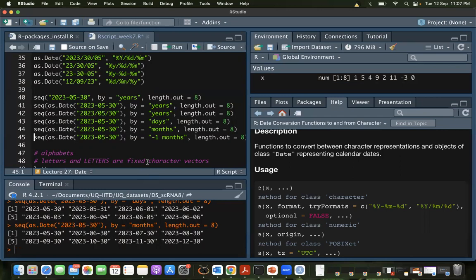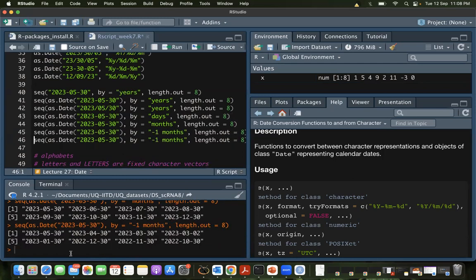Again, try and see what it does for a month which does not have 30 days. We can actually give it a try. If I write -1 month, it's going to go back. So you see 30th May, 30th April, 30th March, and this is what it did.